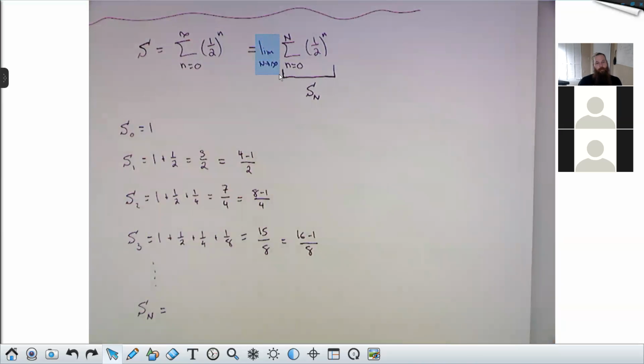This is called a limit, and it's not a notation that we've talked about. So don't stress too much, but it means I'm going to plug in really big numbers for capital N, bigger and bigger and bigger, and see if this whole thing, as capital N gets bigger and bigger, gets closer and closer to any particular number.